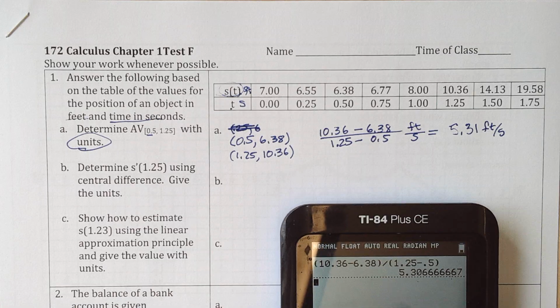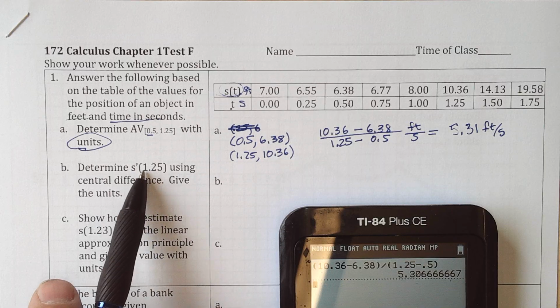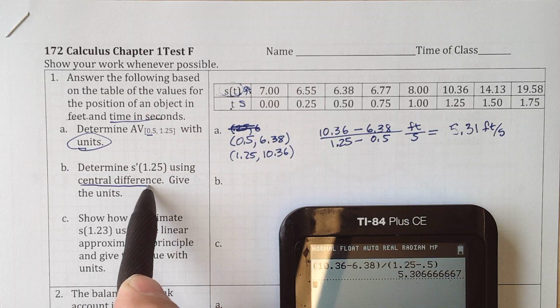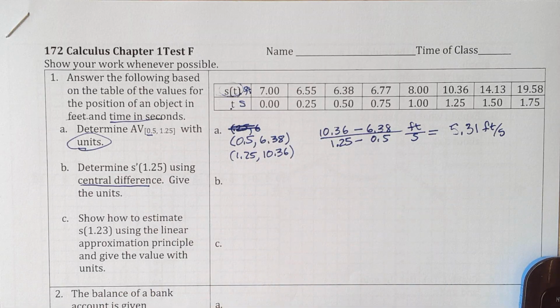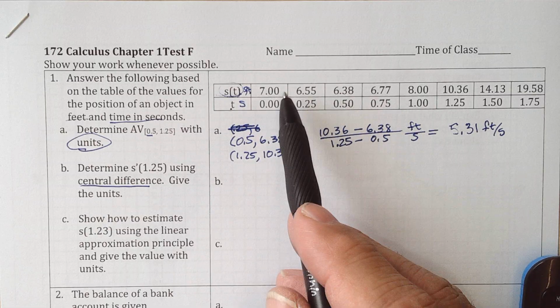Then it says figure out the velocity, the derivative, at 1.25 using the central difference. Now this is an object that's moving.